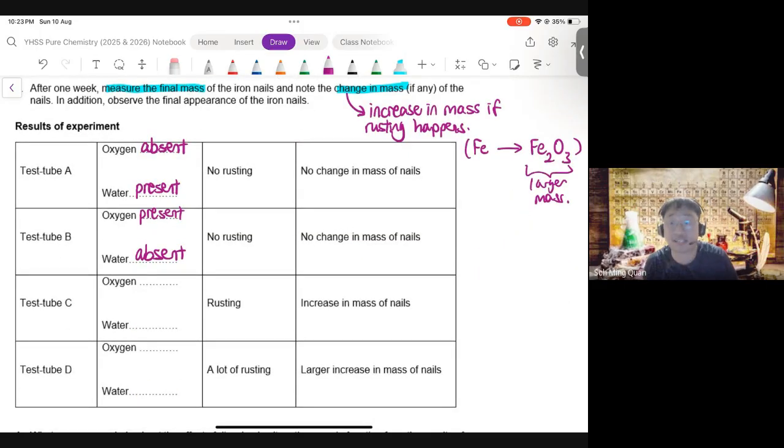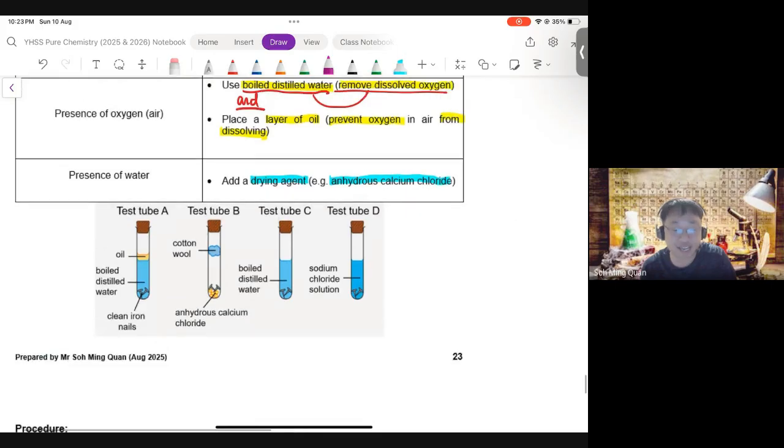And then come to C and D. Now, in C, you might be tricked easily because C says boiled distilled water, right? You might think that C has boiled water, therefore there's no oxygen. But remember, to get rid of oxygen, you must do 2 things. Boil the water and put a layer of oil on top. Both must be done. In C, there's no oil.